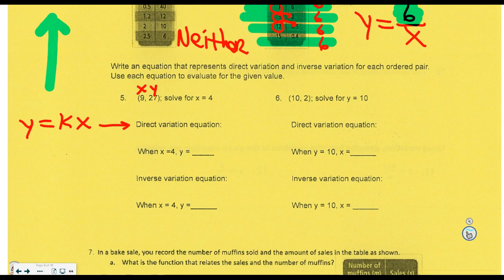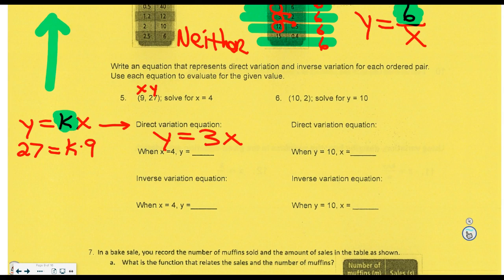Now you can divide, or you can even just say 27 equals k times 9. K equals 3, but then you have to go put it in. So you're going to write y equals 3x. Does that make sense? That's the answer for that first one.